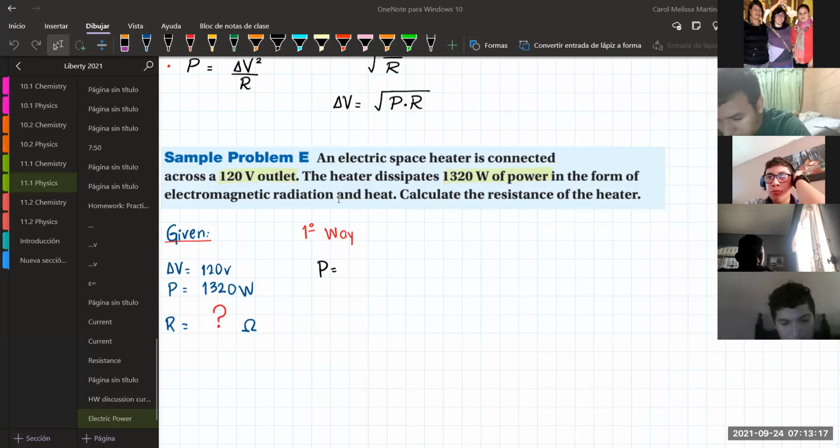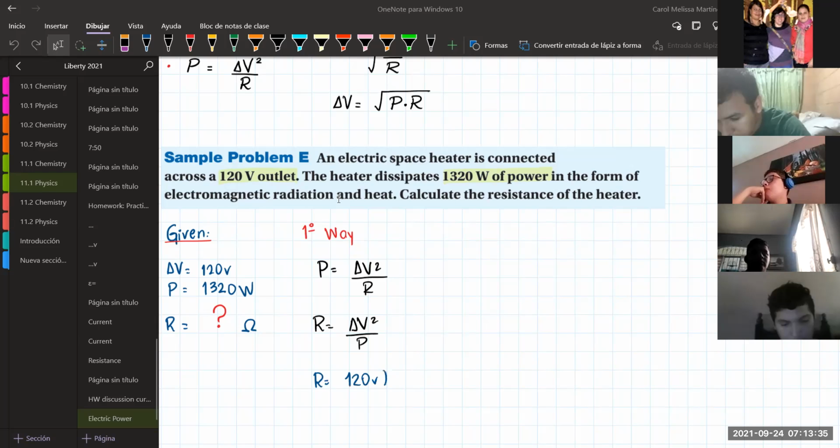Power is equal to potential difference squared divided by resistance. Isolated, resistance will give us delta V to the second power divided by the power. By plugging in the givens, you would obtain 120 volts to the second power divided by 1320 watts. This should be 10 point something.